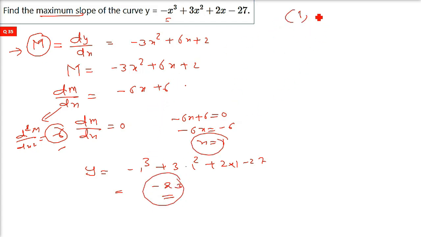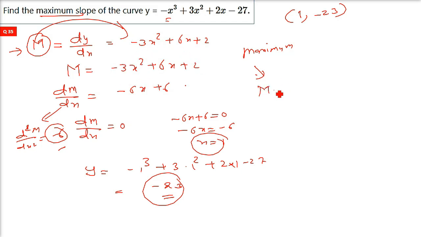But what about this? 1, negative 23, is it the answer? What do you think? See, we have to find out the maximum slope. And slope is dy by dx. And dy by dx is negative 3x square plus 6x plus 2. So we have to use not the original equation, but negative 3x square plus 6x plus 2. Here you have to place x equals to 1, and then we'll find out the value of m, which is the slope.